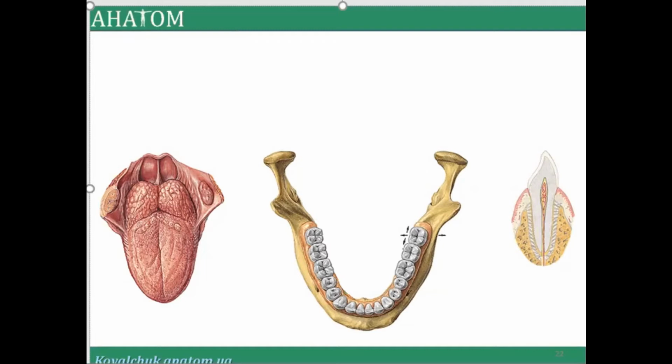No. In a child, the first teeth appear in the oral cavity at about 6 months. In total it's 20 teeth, but the first tooth at 6 months. 6, 7 months, it's the first tooth in the oral cavity in a child.